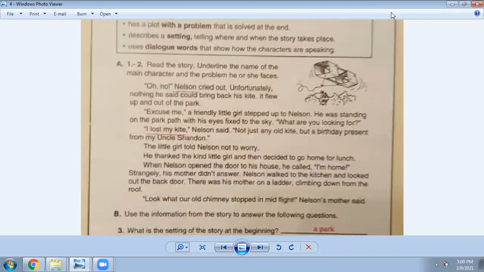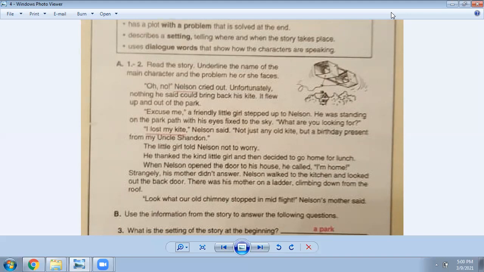"Oh no," Nelson cried out. Unfortunately, nothing he said could bring back his kite. It flew up and out of the park. "Excuse me," a friendly little girl stepped up to Nelson. He was standing on the park path with his eyes fixed to the sky. "What are you looking for?" "I lost my kite," Nelson said. "Not just any old kite, but a birthday present from my Uncle Shandon."